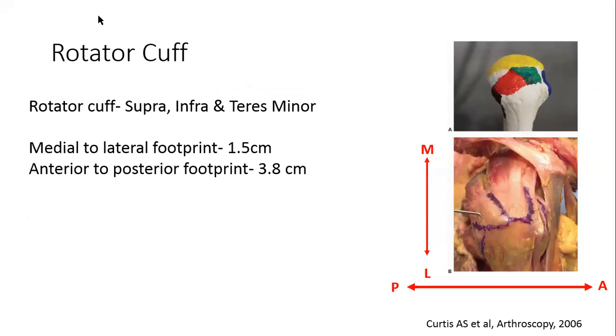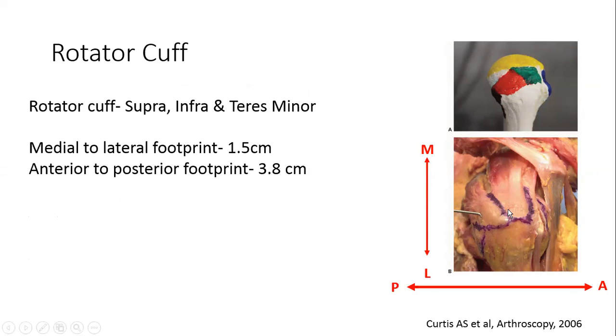This is the cadaver image. Anterior is here on the right, posterior on the left, medial on the top, lateral on the bottom. Going from anterior to posterior, that's the entire cuff, excluding subscapularis. We're talking about three tendons of the rotator cuff: supraspinatus, infraspinatus, and teres minor.